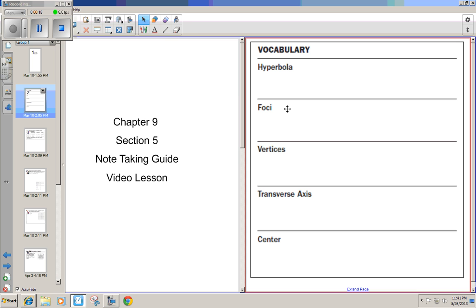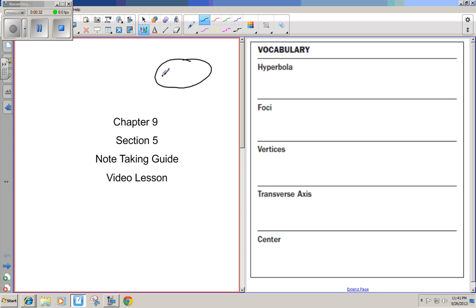So, taking a look at some of these vocabulary words here. A hyperbola is a set of all points such that the difference of the distances between P and two fixed points called the foci is constant. So, with an ellipse, you had foci, and the sum of the distances was the same.